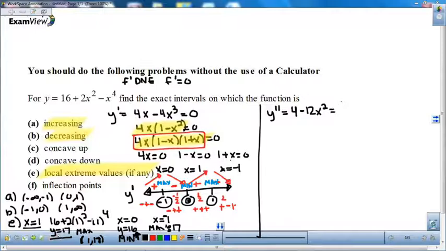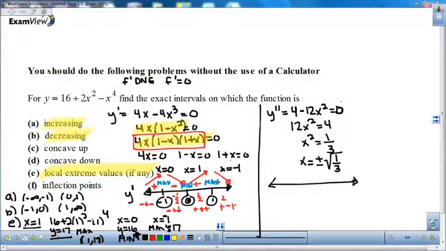I'm going to set that equal to 0. So 12x squared is equal to 4, or x squared is equal to 1/3, or x is equal to plus or minus the square root of 1/3. Okay, so those are possible points of inflection. I need to check the sign of my second derivative to see if they're actually points of inflection.